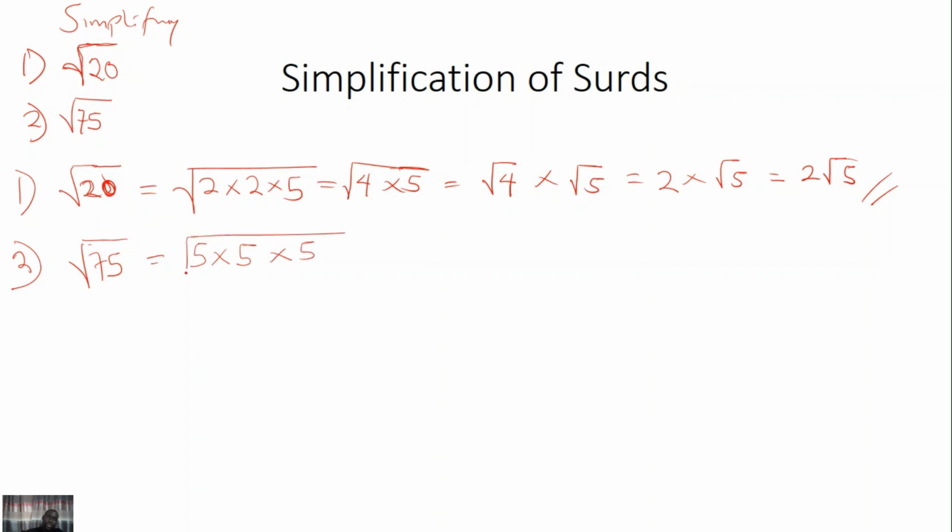Okay, and 5 times 5 is equal to 25, so square root of 25 times 5, and this will be 5 root 5. So we have simplified root 75 into 5 root 5. That is how we simplify surds.